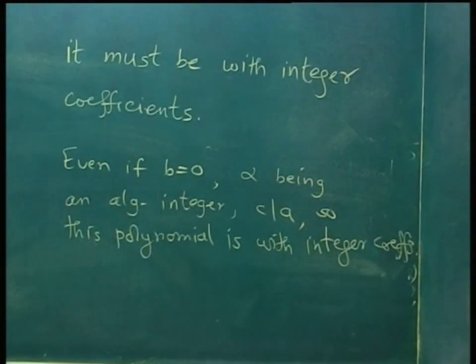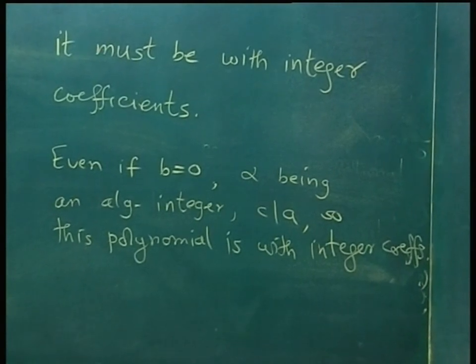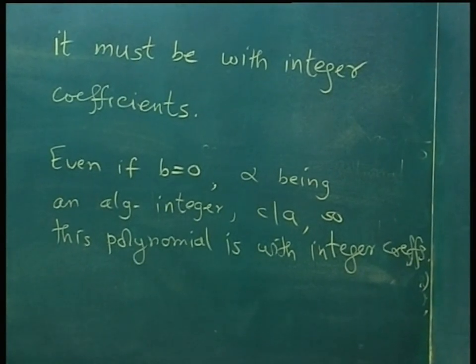In this case also c divides a, so putting b equal to 0 you get a polynomial that has integer coefficients. C divides a square.